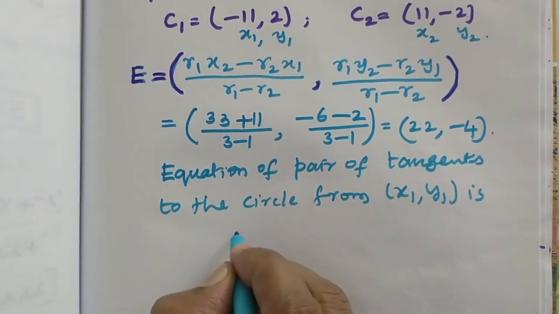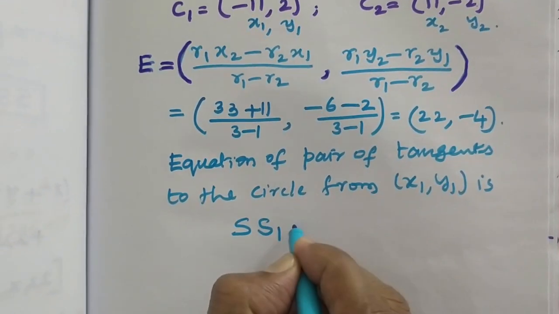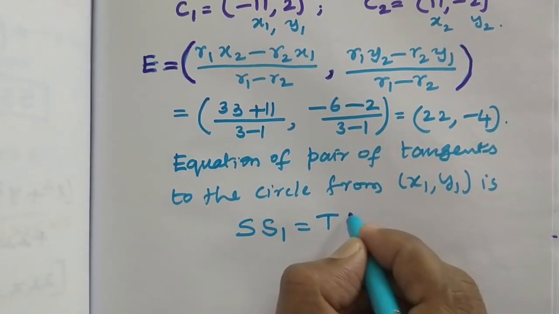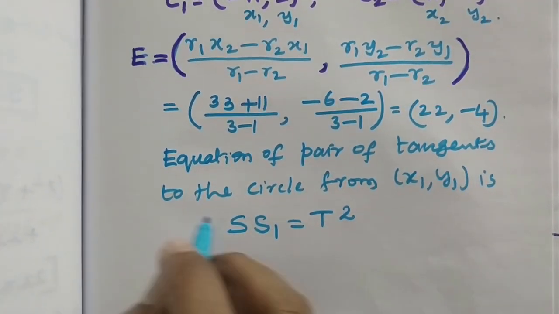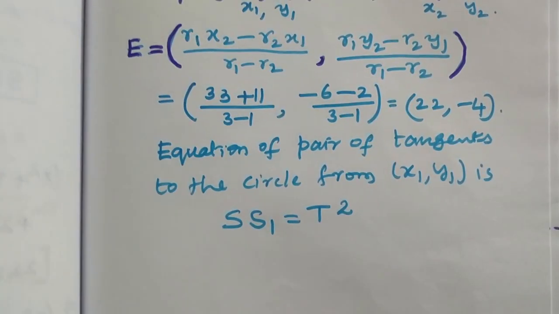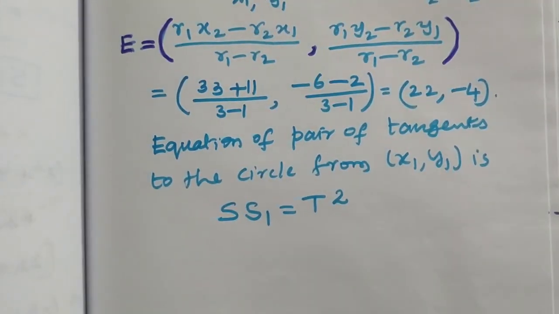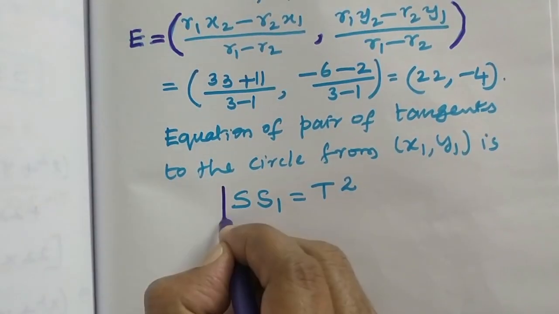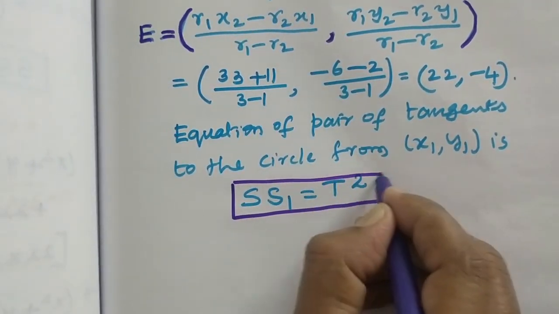S into S1 is equal to T square. This you can know. Right. So now I am going to work on this. We have to find this one only.